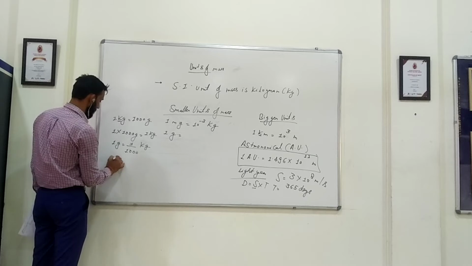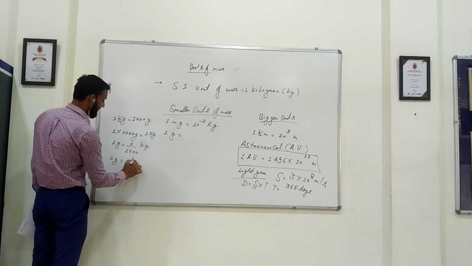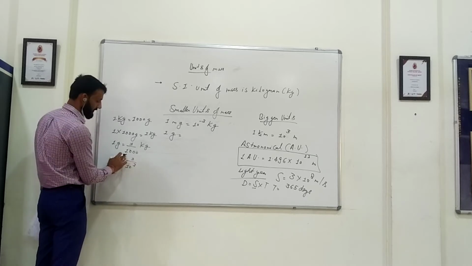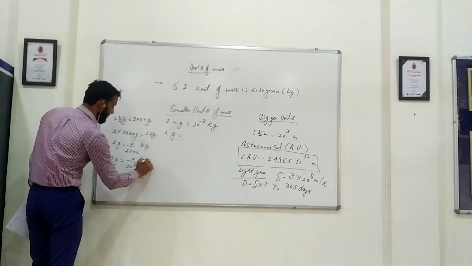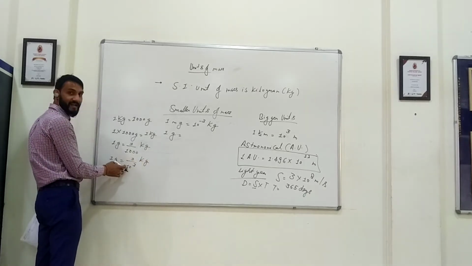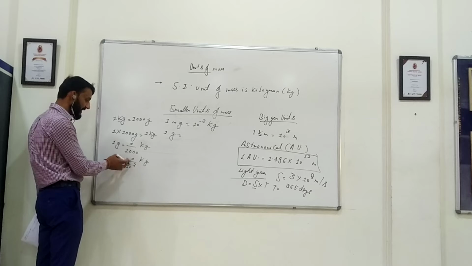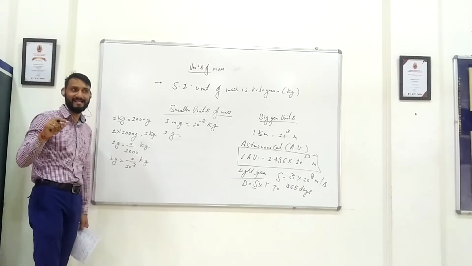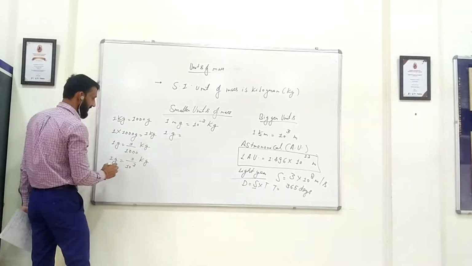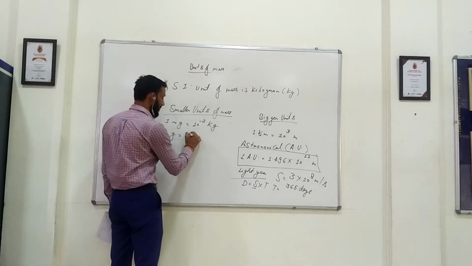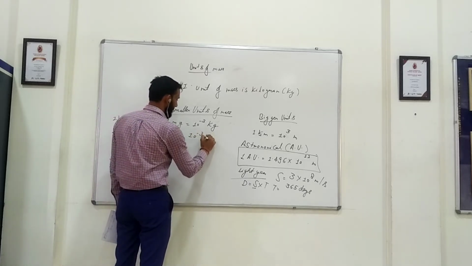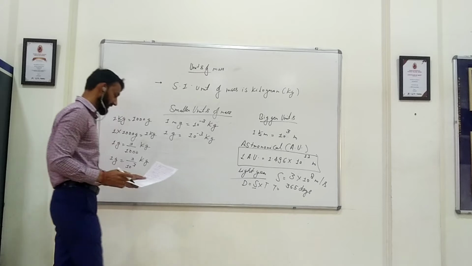I can write this as 10 to the power 3 in the denominator, and if it goes up, the power will become minus. So 1 gram is equal to 10 to the power minus 3 kilogram.